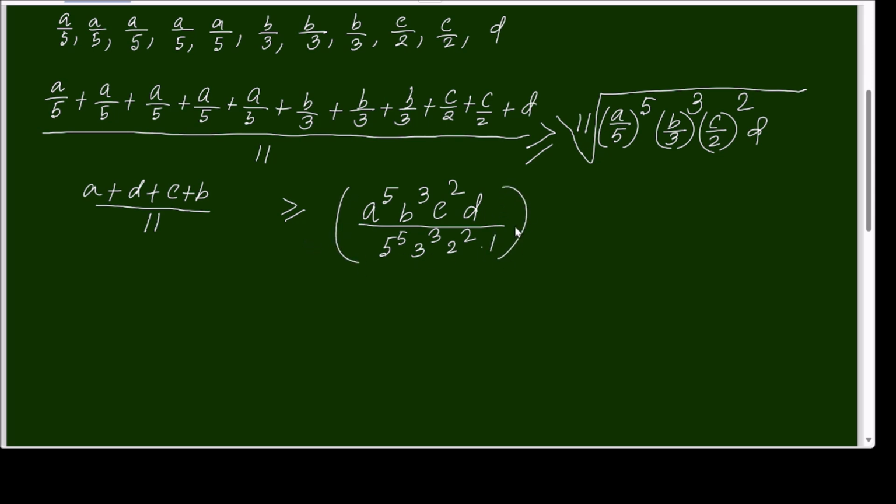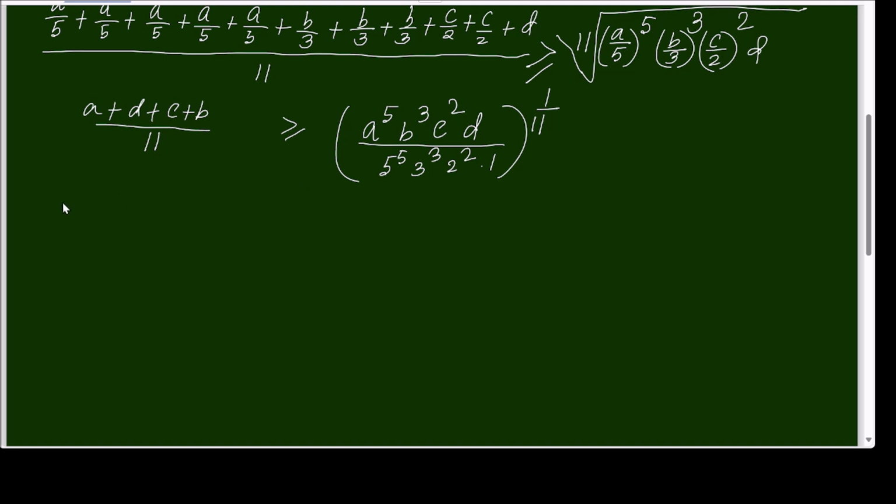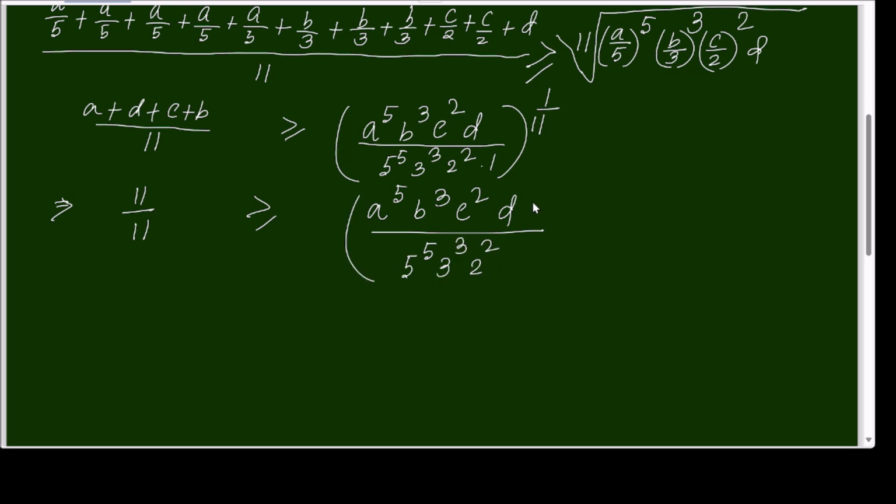Now what is A plus B plus C plus D? That is 11. So 11 over 11 is greater than or equal to the 11th root of A power 5, B power 3, C power 2, D over 5 power 5, 3 power 3, 2 power 2 and 1 to the power 1.